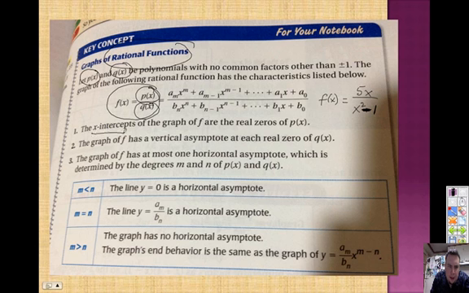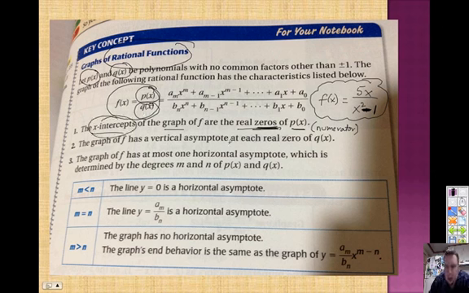The x-intercepts of this graph are the zeros of p of x. P of x is the numerator, so take the numerator and find the zeros of it, and what do you have? You have your x-intercepts of the graph.